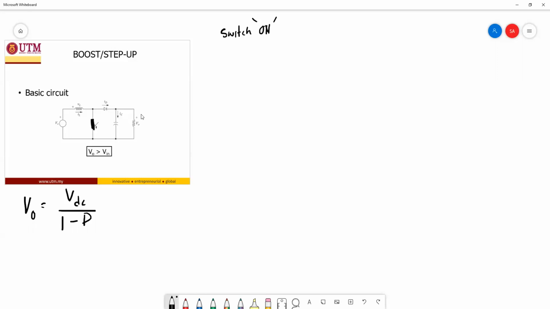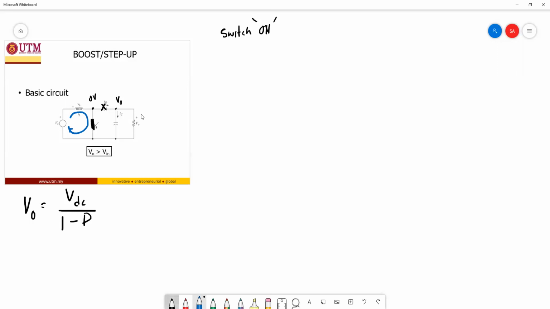When this switch is closed, this node will become 0 voltage, and this node is actually V out. Definitely, the diode will be reverse biased, so it is off. The current will be rotating inside this circuit.